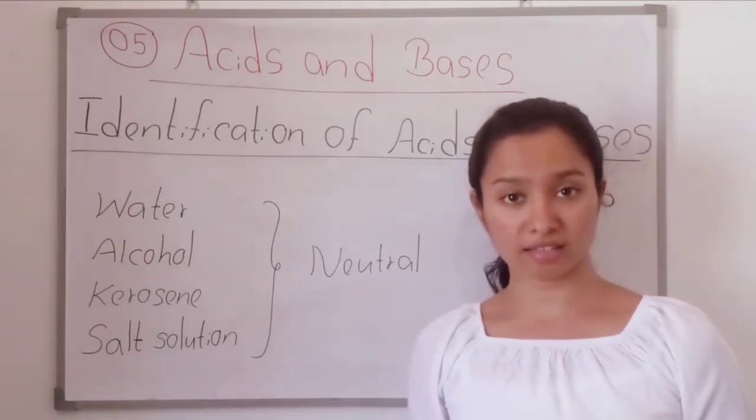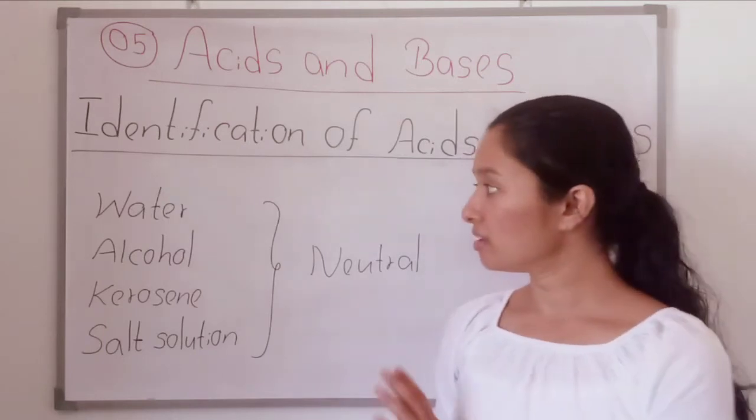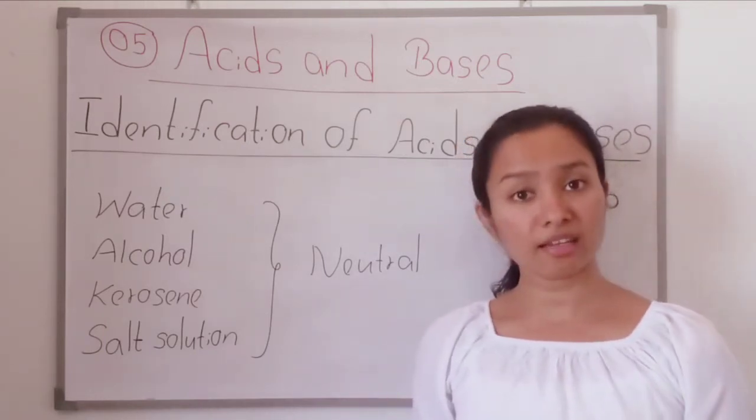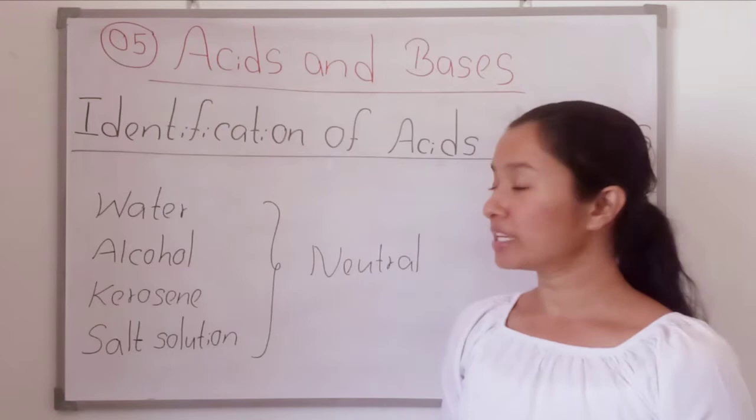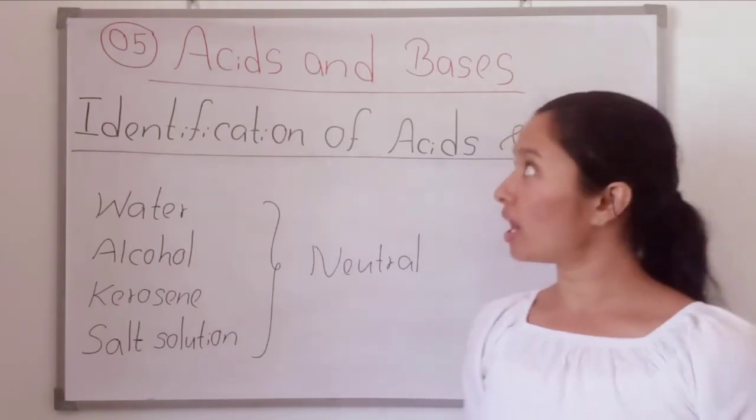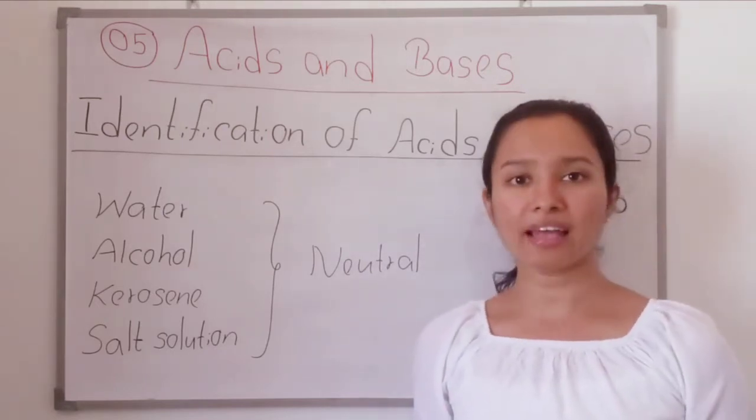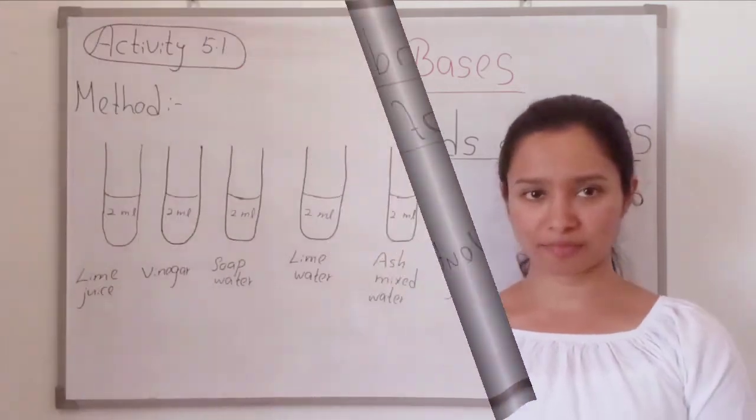Neutral means udasina. Udasina dravya: water, alcohol, kerosene and salt solution. So in this lesson, we have to identify acids, bases and neutral substances.